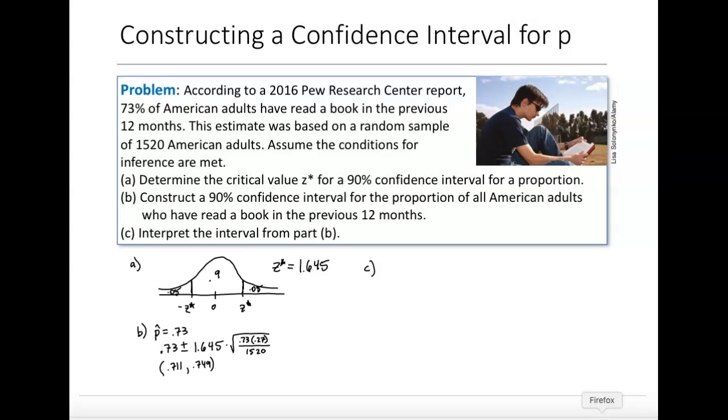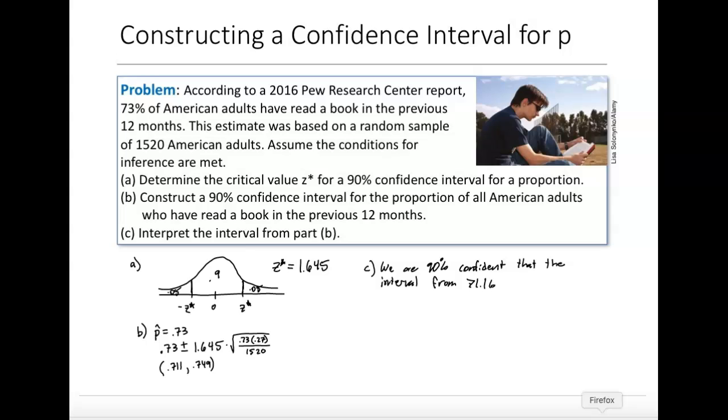And now we interpret. And so this is the script from last time. We started out with the royal we. We are, in this case, 90% confident that the interval from, I'm gonna write these as percentages just because they gave us the statistic as a percent.